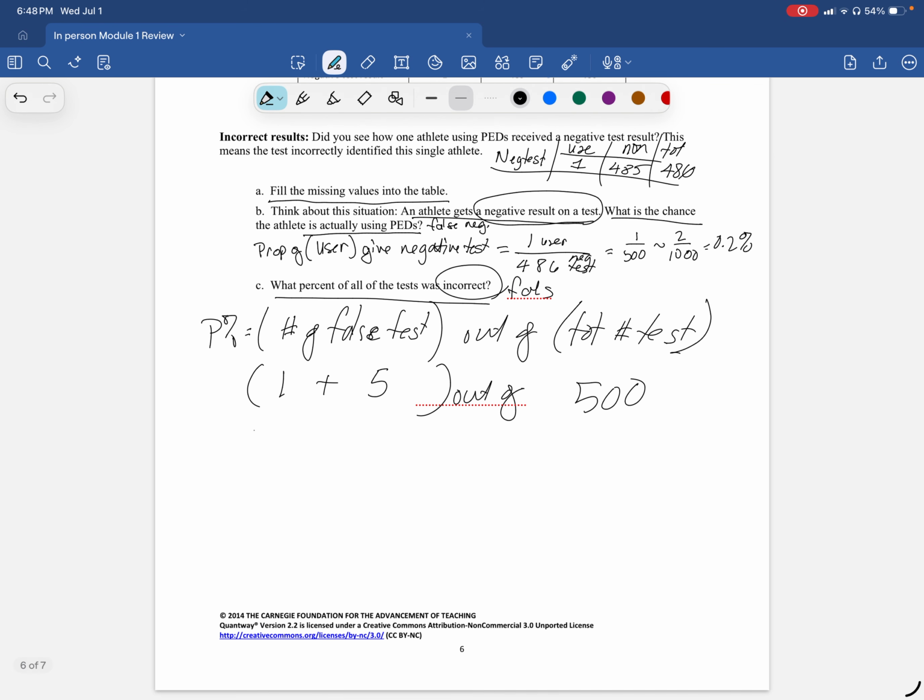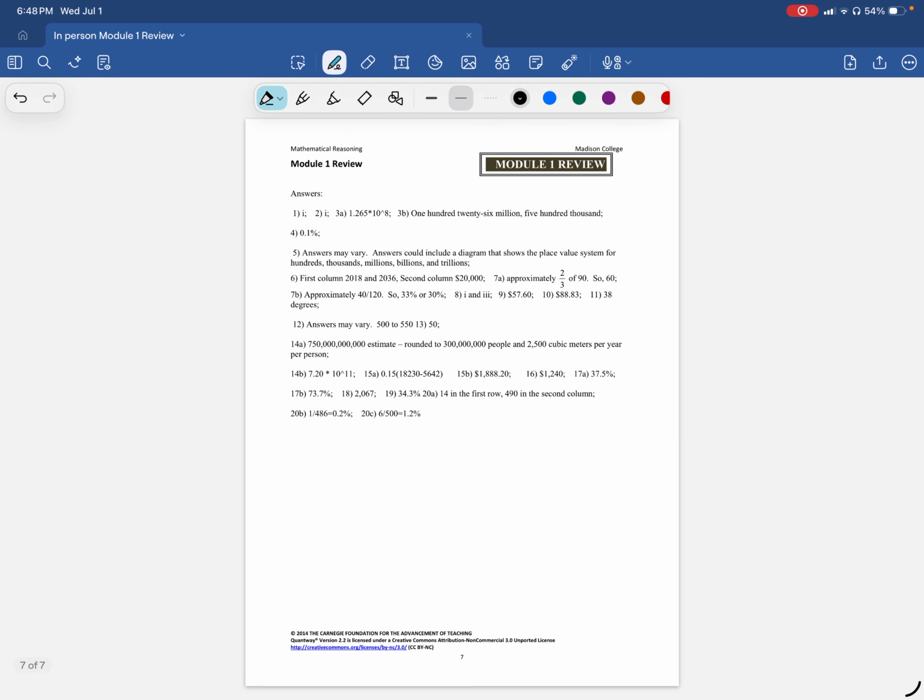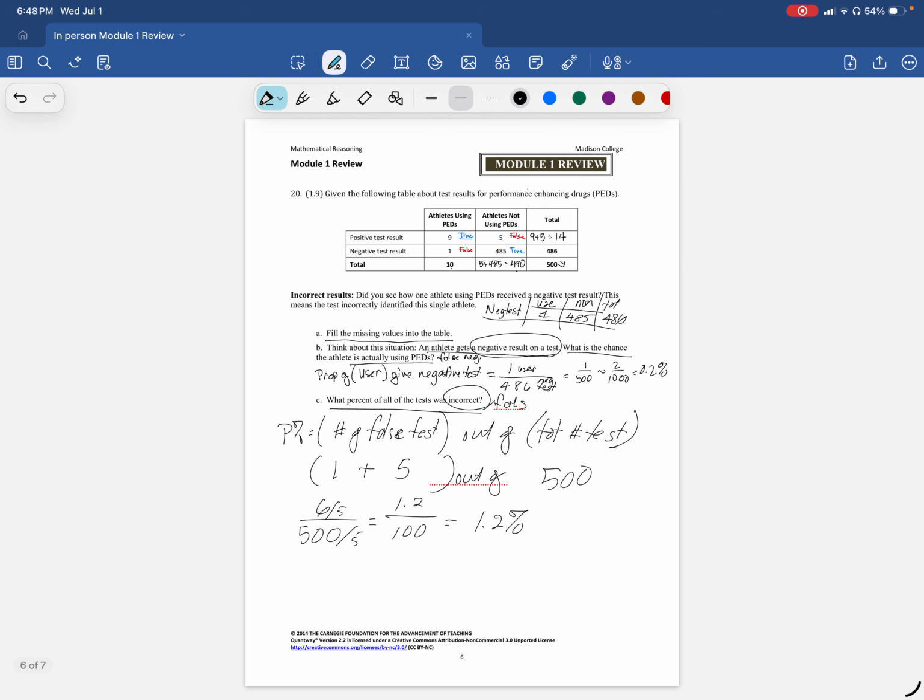So we have 6 out of 500. Divide each by 5, we'll get 1.2 out of 100, so 1.2%. And there's all our answers. But you'll see that in the back. Okay.